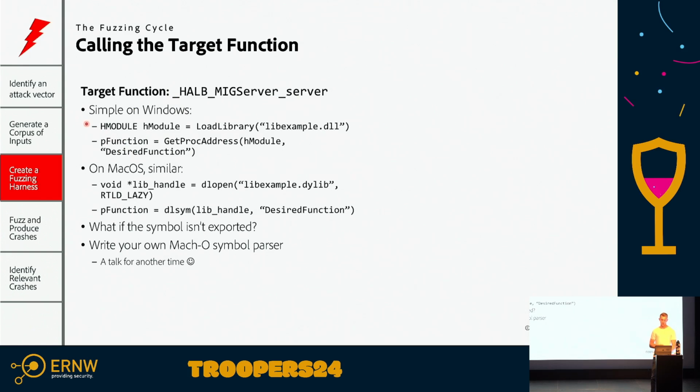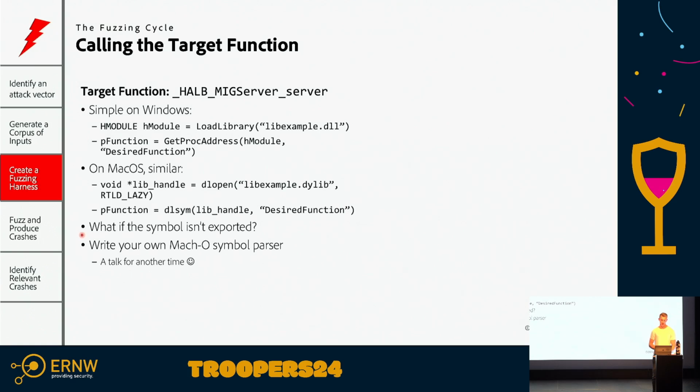To do this on Windows, this would be pretty easy. We would just use LoadLibrary, load in the core audio framework, and then call GetProcAddress to the function that we care about here. On macOS, there's a couple similar APIs, the dlopen and the dlsym APIs, that we can use to get a function pointer. However, the problem I had is that my symbol wasn't actually exported by the core audio framework.